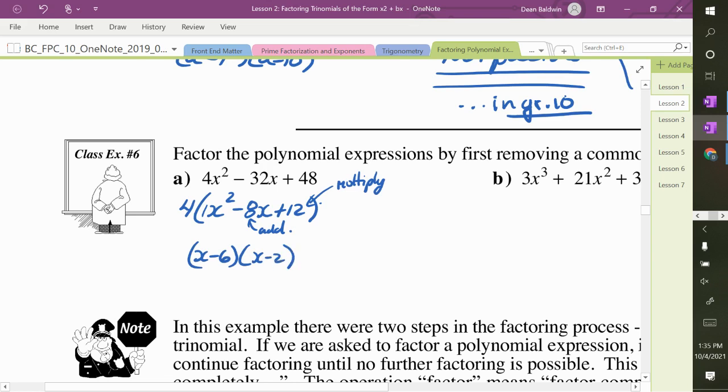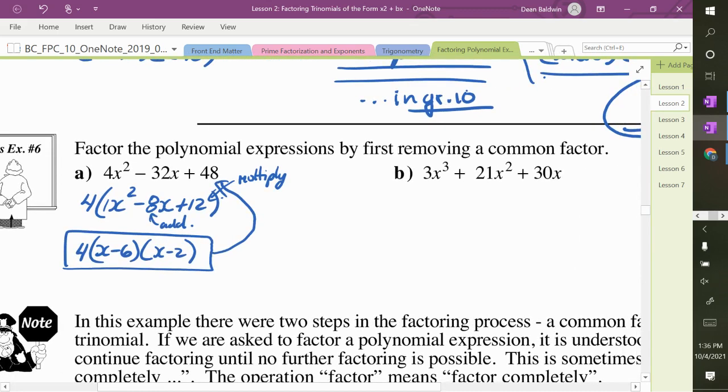What do I have to remember? The 4. Because if I multiply this out, I should get that back. Okay? So you can kind of just pull the 4 out, forget about it for a bit, factor the brackets to create new brackets, 2 separate brackets, but always remember to write the 4 or whatever number it is beside it at the end. Okay?